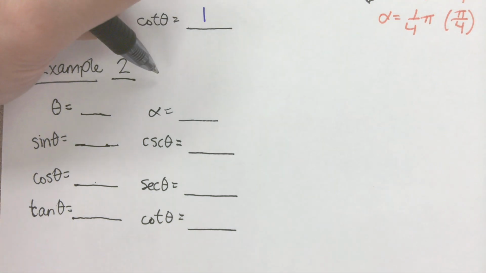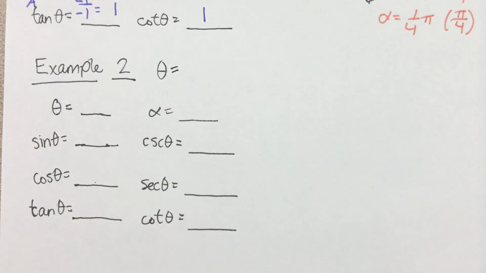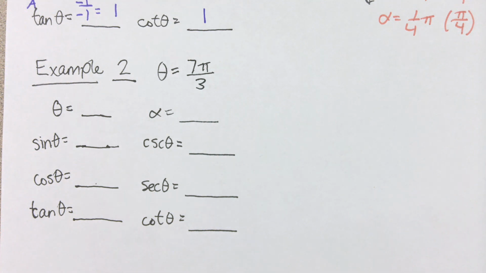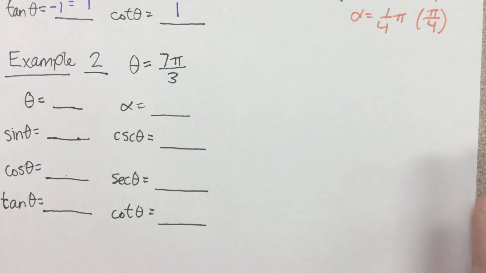For this problem, theta is 7 pi over 3. Let's graph.